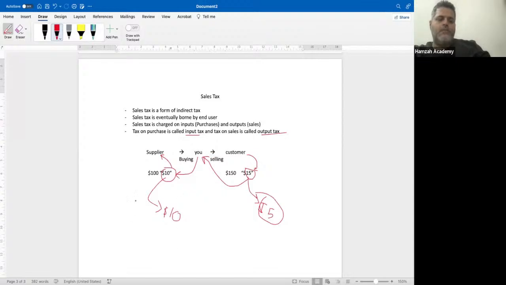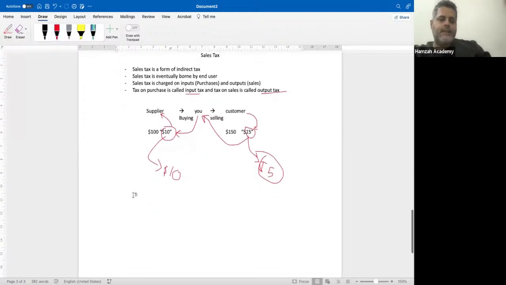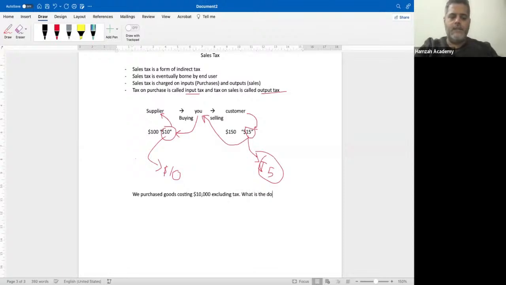Okay. Now, let's say we purchased goods costing 10,000 excluding tax. What is the double entry to record this purchase?